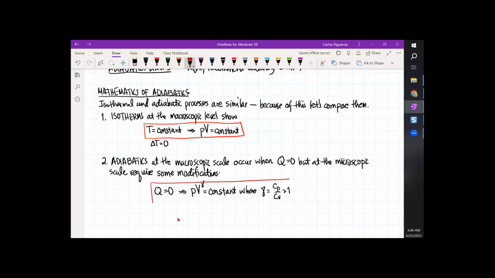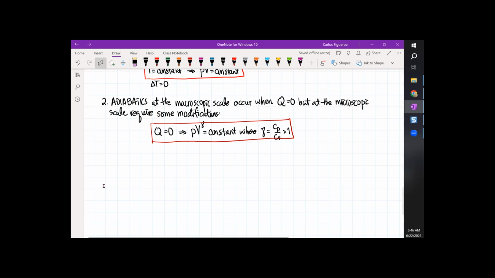So this is a requirement. It's not challenging to derive this, but the question is, should we? And I'm saying that it's not necessary.